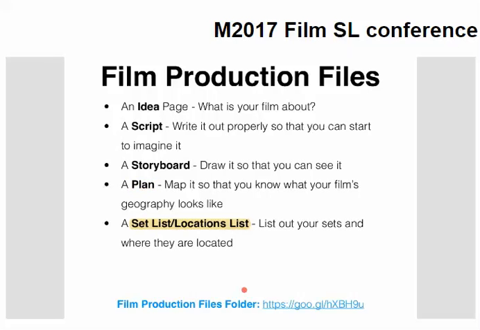Then once you've done that, you should make a set list and a location list. There's a difference between a set and a location. A set is your on-film environment. So let's say I'm going to turn my classroom into a spaceship, just as a quick example.